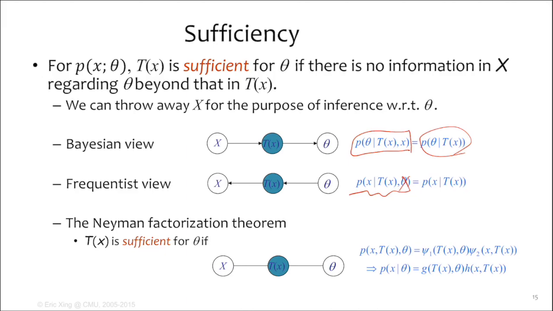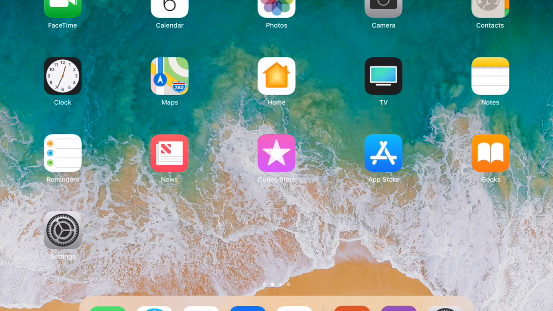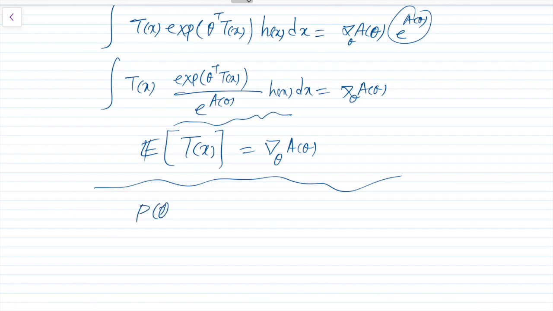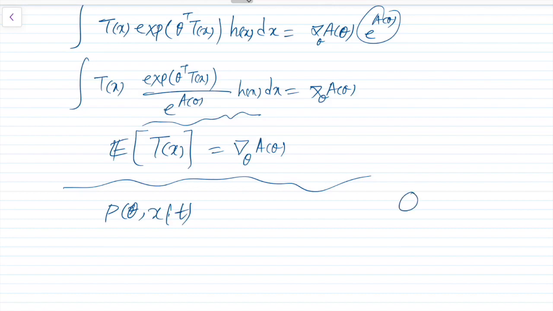So to work it out a little bit, let's say that we have this factorization, where one side is theta, one side is x, and the middle is a sufficient statistic T. If I have this factorization, I can write it as p(x given t), and I can use the chain rule.